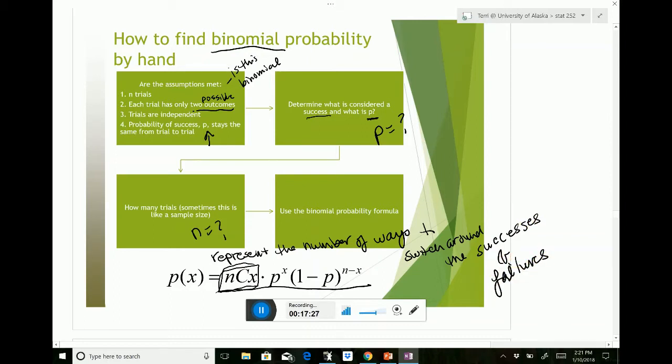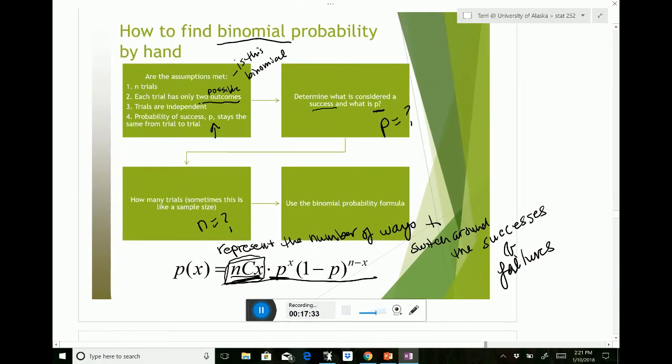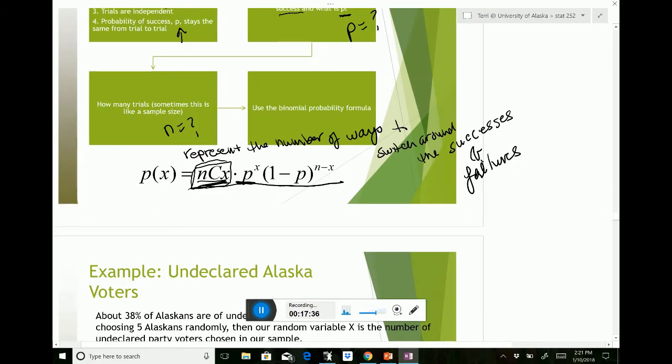That's why you need to have the nCx right there. This part right here is your probability of success to the power of the number of successes.